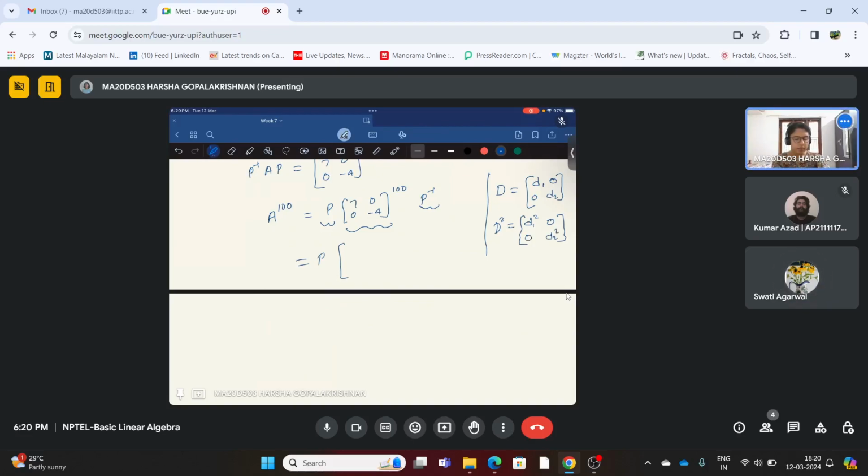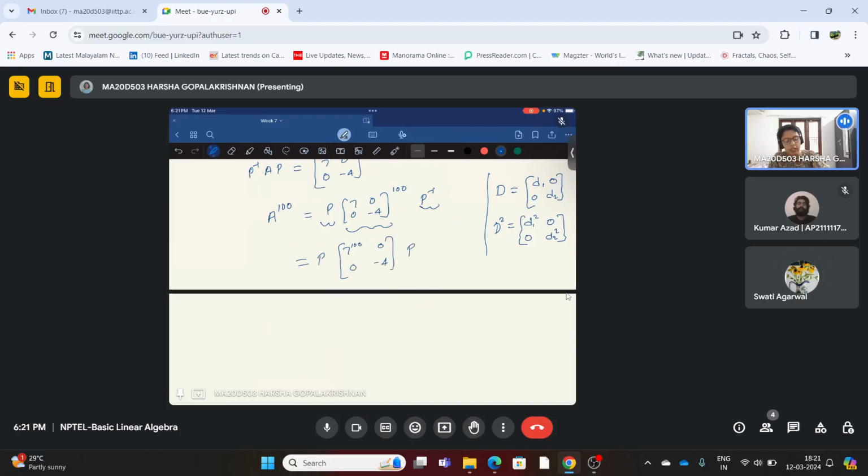That is the positive thing about being diagonalizable. For diagonalizable matrices only, we can just multiply the terms. Otherwise, finding the matrix multiplication is a difficult task, especially with power 100. So we just need to find D power 100, which is 7 power 100, 0, 0, minus 4 power 100.